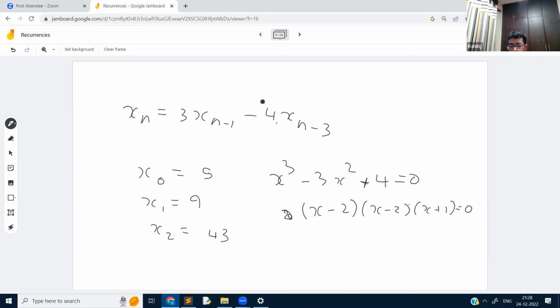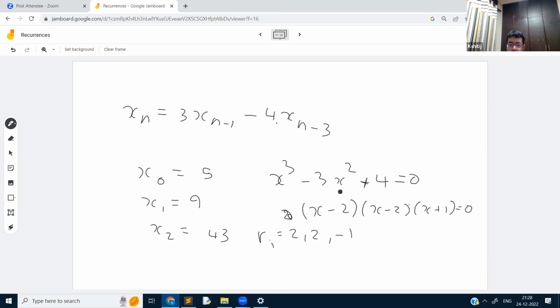You get this equation equal to 0. Now the roots are obviously 2, 2, minus 1. These are the set of r_i's.